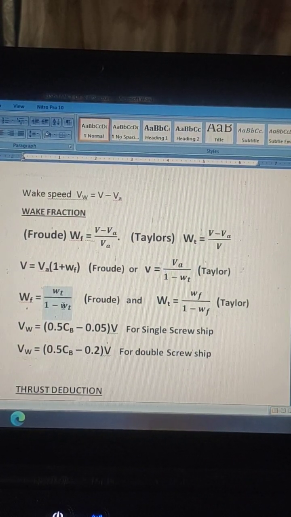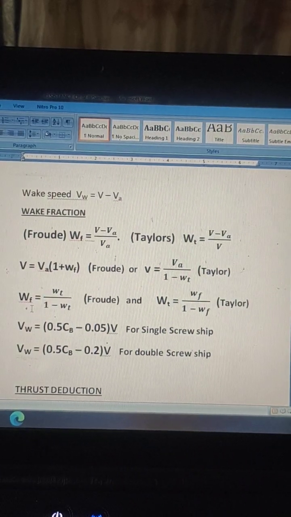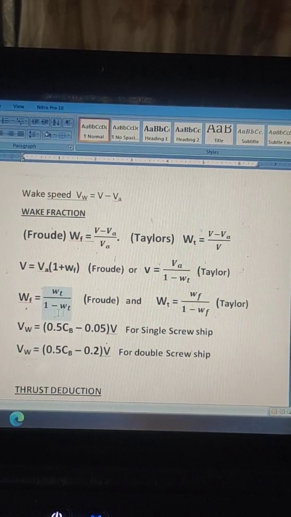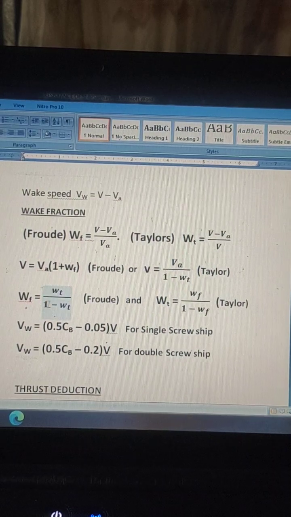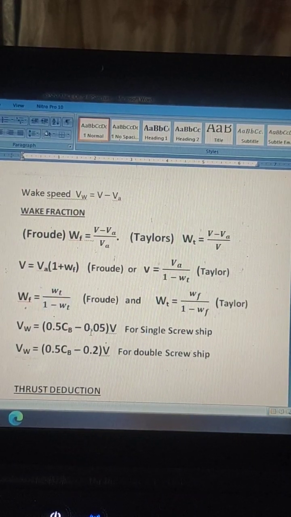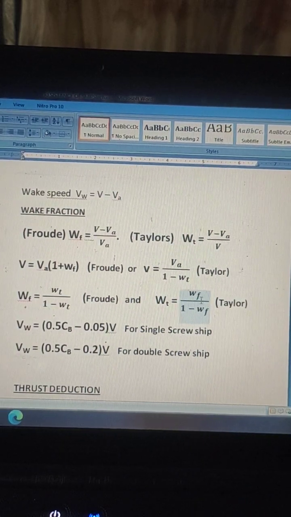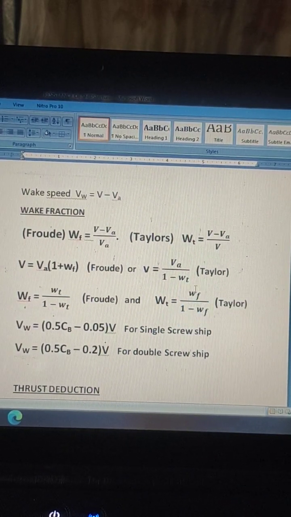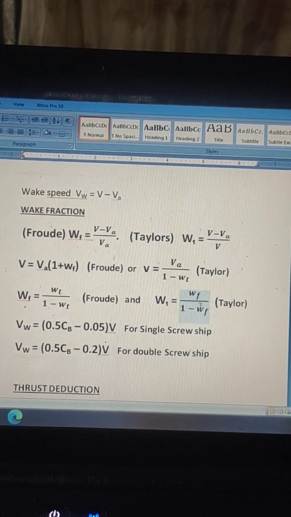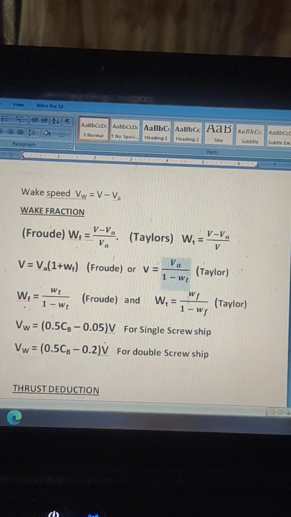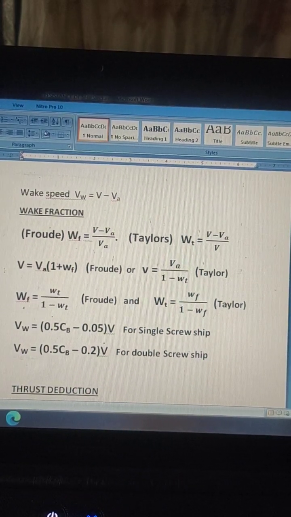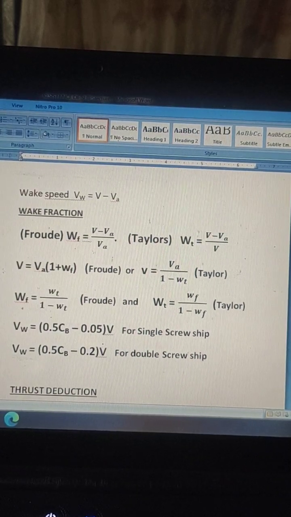Okay, from which we derive that the wake fraction is given by this equation in terms of the Froude wake fraction and the Taylor wake fraction. In your notebook you can see how this is actually proven, but believe me, it is exactly like that.